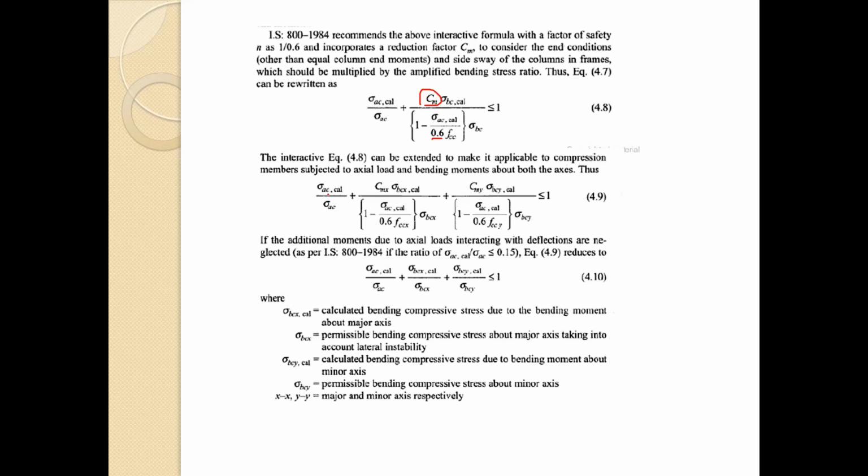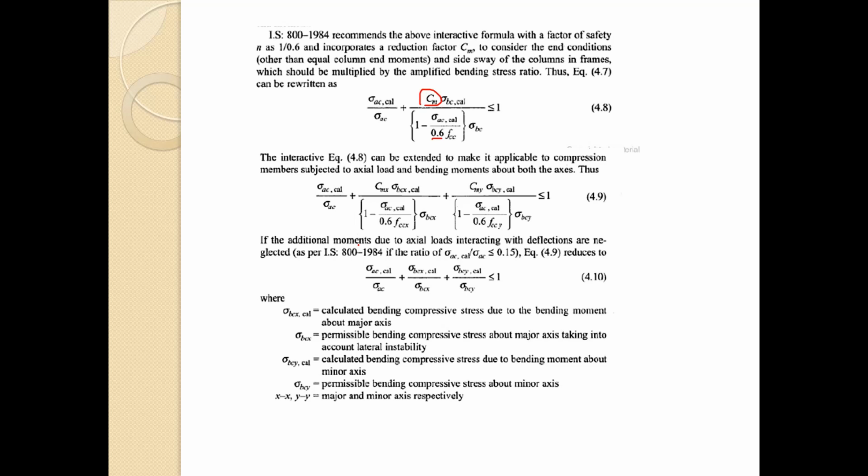So what we'll get is sigma AC calculated divided by sigma AC, then CMX sigma BCX calculated divided by 1 minus sigma AC calculated divided by 0.6 FCCX into sigma BCX, plus, for the other axis, CMY sigma BCY calculated divided by 1 minus sigma AC calculated divided by 0.6 FCCY into sigma BCY. This should be less than or equal to 1.